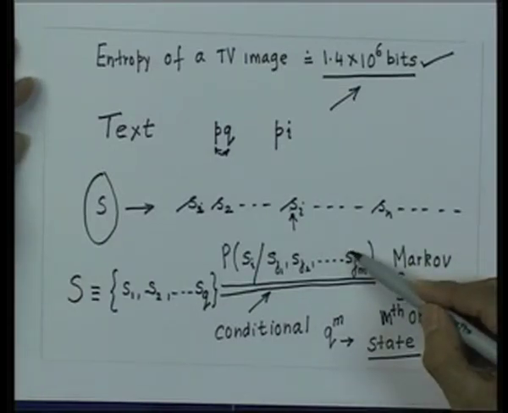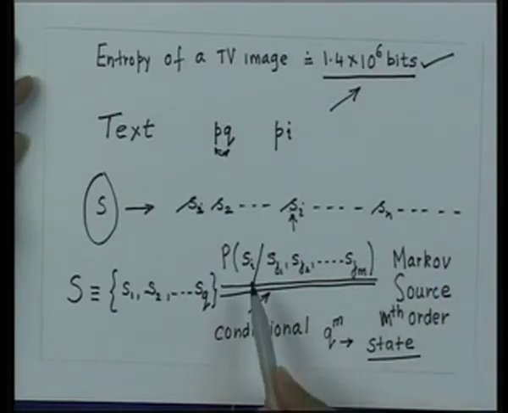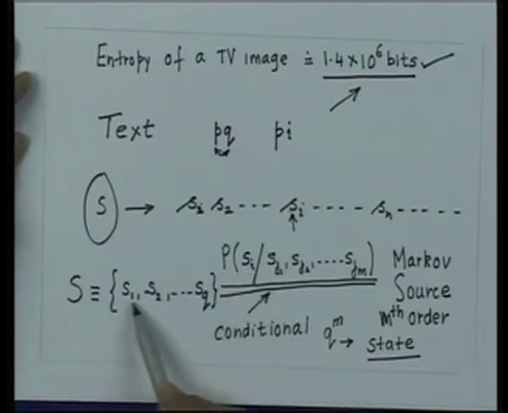Once I know the state, with each state I have to specify q conditional probabilities associated with the length of the alphabet which I have.